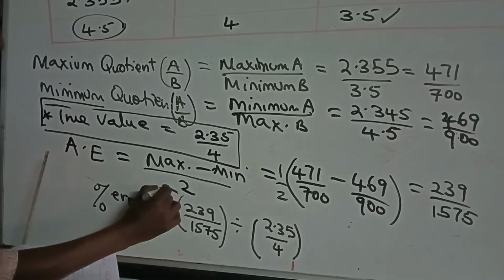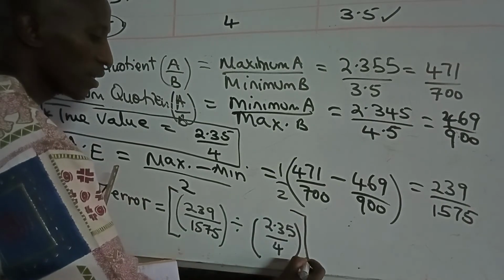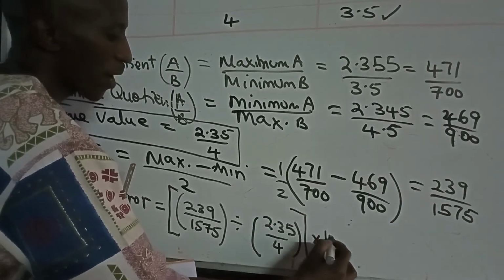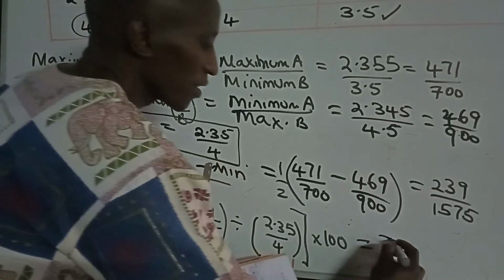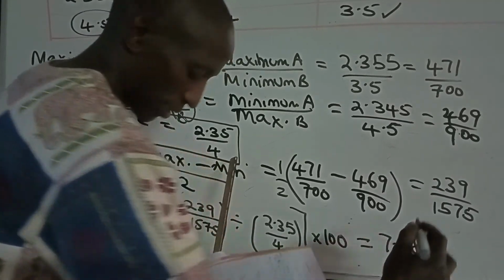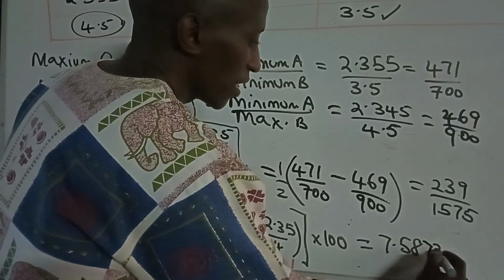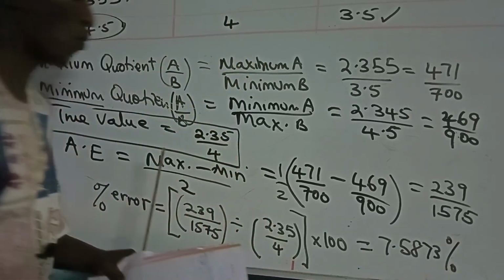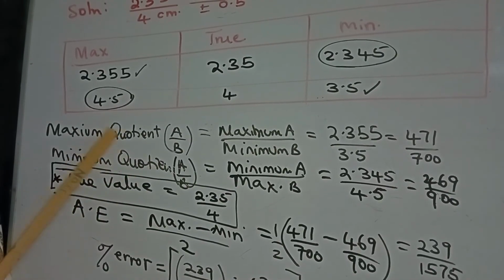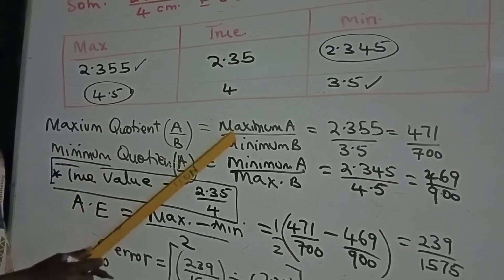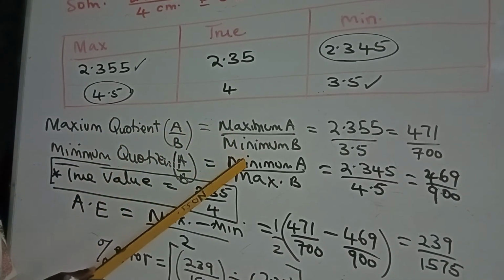We multiply the result by 100, and on my part, I have gotten 7.5873%. So the most important area was our ability to get the maximum over division and the minimum over division.